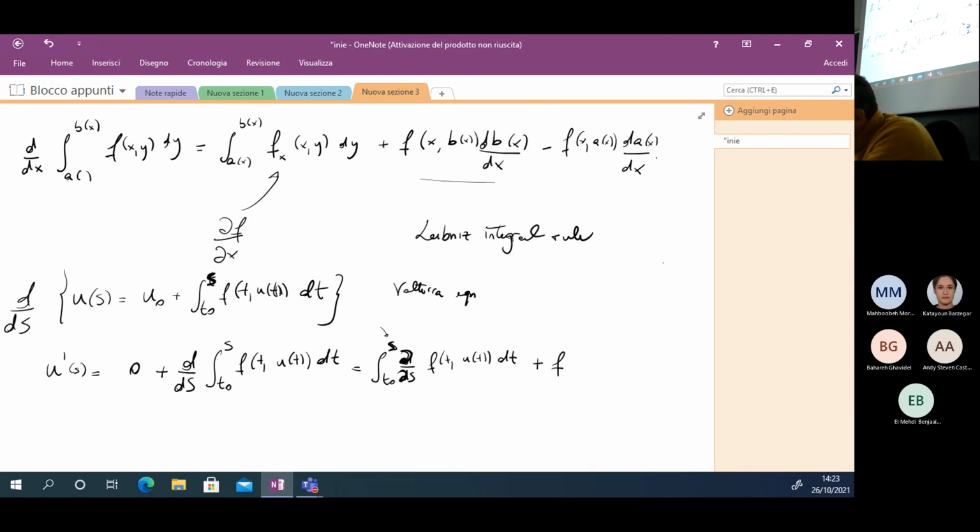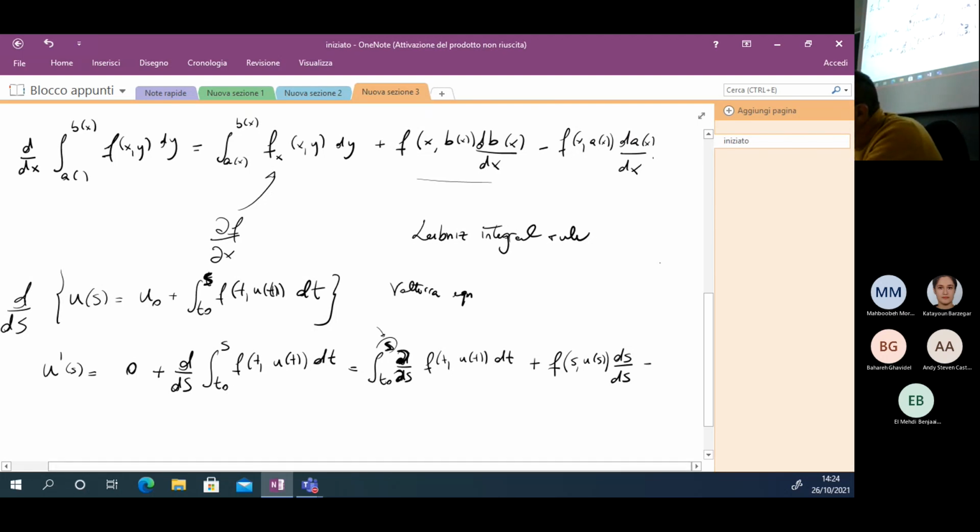So this gives me f of S, u of S, times the derivative of the upper extreme with respect to S, so times the derivative of S with respect to S, which is 1.